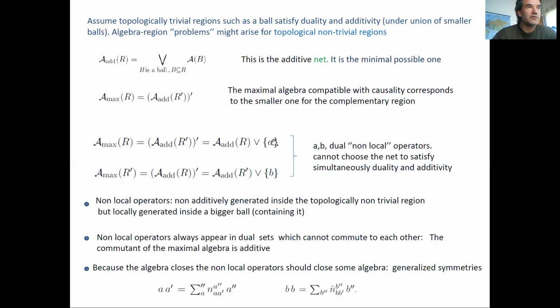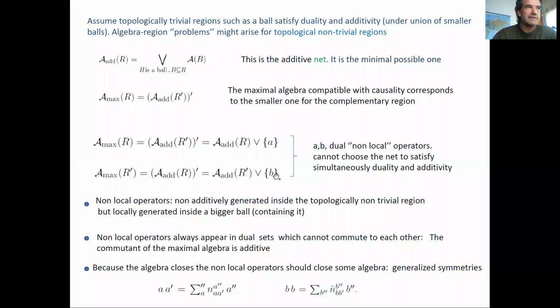These other operators, by definition, cannot be locally generated in the region R. So we could call them non-local operators in the region R. And the same will happen for the complementary region. The maximal algebra will be the additive algebra plus some non-local operators in the complementary region. So these operators are non-locally generated in these regions.